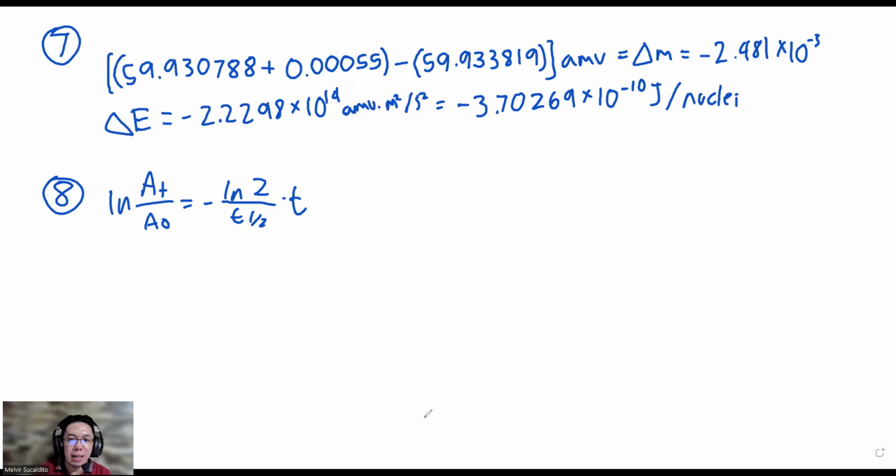Okay, correct. So, nag-negative ln 2 over half-life ka na as your k.